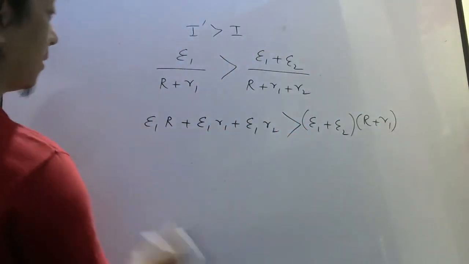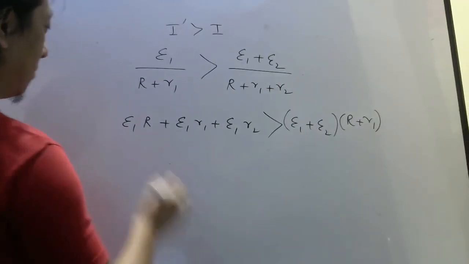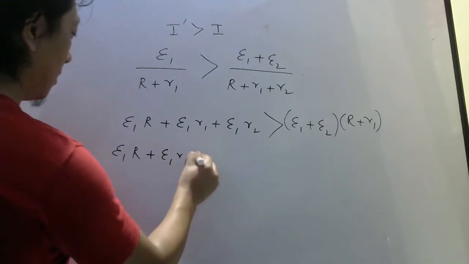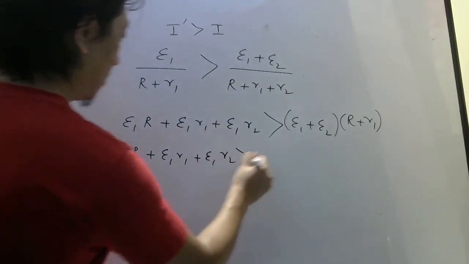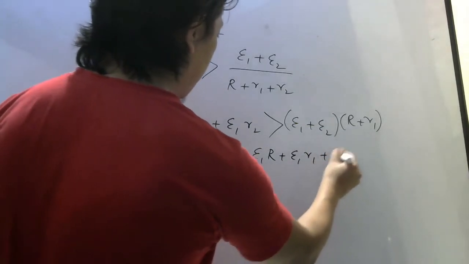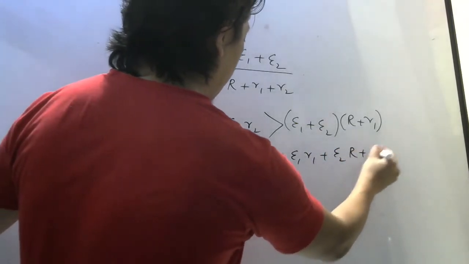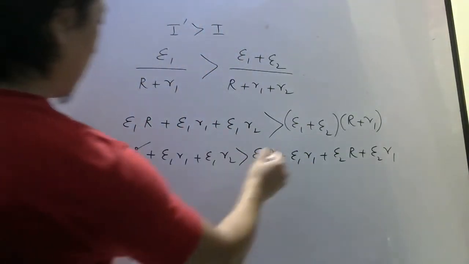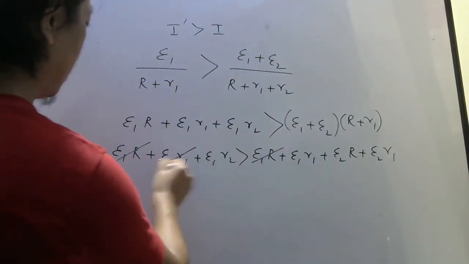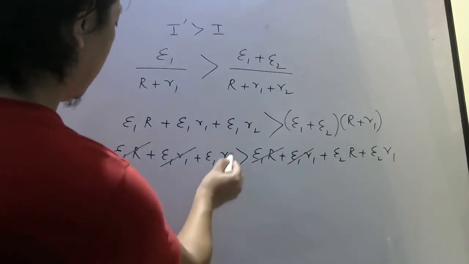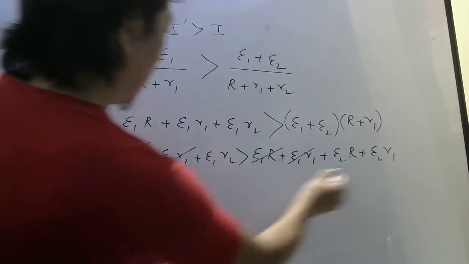Okay, so let me further open this. E1R plus E1R1 plus E1R2 should be greater than E1R plus E1R1 plus E2R plus E2R1. So E1R, E1R I can cancel. E1R1, E1R1 I can cancel. So basically this should be greater than this.